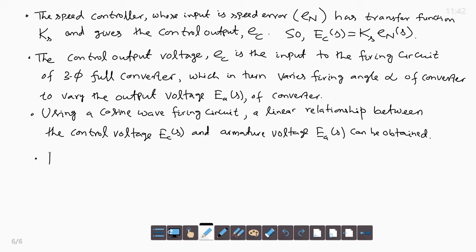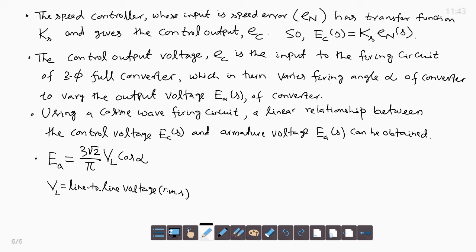How? The voltage Ea at the output of the three-phase bridge converter is 3 into root 2 by pi VL cos alpha. Here VL is the line to line RMS voltage and alpha is the firing delay angle.